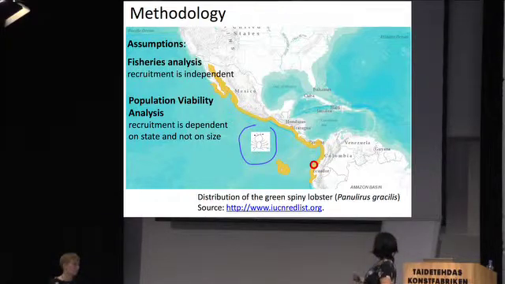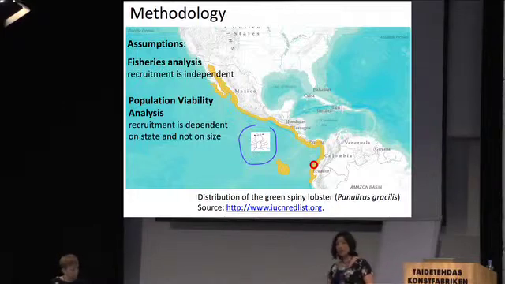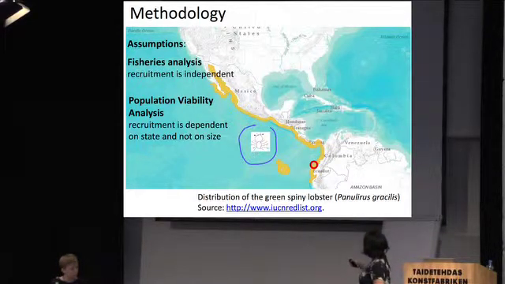Whereas in the population viability analysis, the recruitment is completely dependent on the state of the mature population, but the amount of eggs produced by the females is independent of their size. The real thing is somewhere in the middle of those.